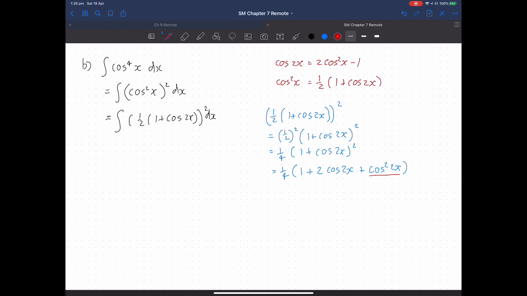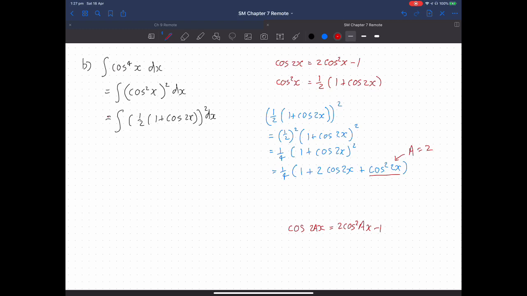But similarly as before, what we can do is think of our double angle formula. If we were to consider this variation of the double angle formula, cos 2ax equals 2 cos squared ax minus 1, that is, a is equal to 2.